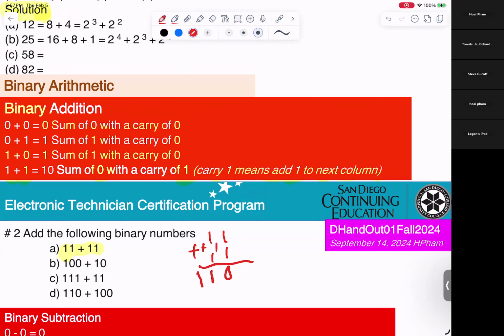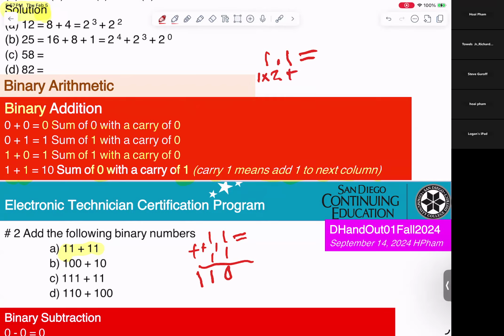Now, 1 and 1, what the decimal number? I can tell you. Just 1. One and 1, that's a binary. You want the decimal. You take 1 times 2 power of 1.